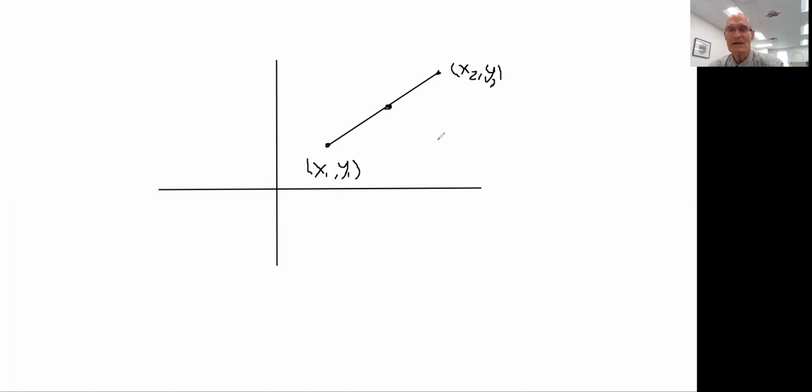Now your formula once again, you got M. So capital M is the midpoint. M equals.